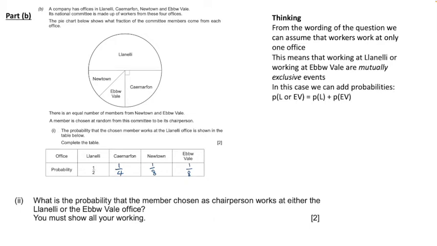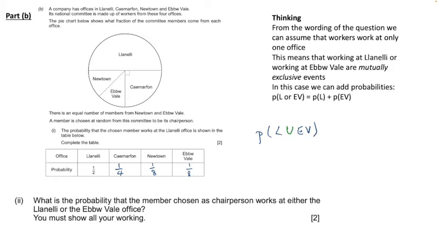So we have the probability of Llanelli or Abervail is equal to the probability of Llanelli plus the probability of Abervail, and we can write that like that. That green, I've made it green to make it stand out, is a symbol meaning or.